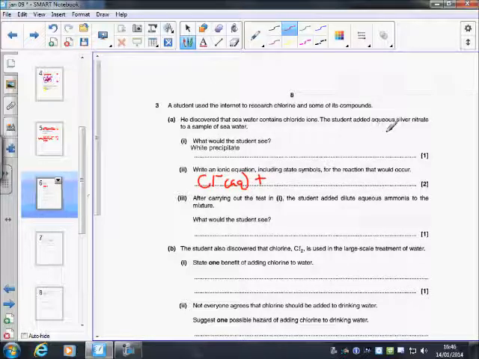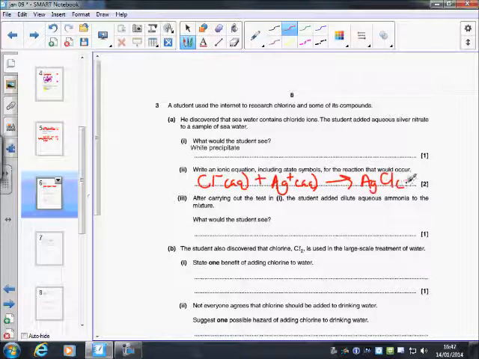And it told us up here that we had an aqueous solution of silver nitrate. We know that silver is Ag plus and nitrate is NO3 minus. So we're going to have Ag plus, aqueous, goes to AgCl, solid. And the reason it's solid is that we get this precipitate formed. And to get both marks, you need to get the correct state symbols and the correct equation.